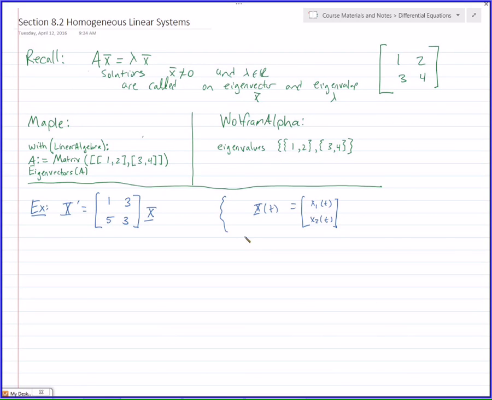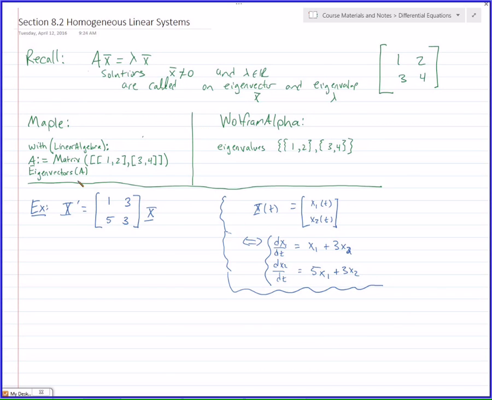So technically this system is equivalent to saying dx1/dt is x1 plus 3x2, and dx2/dt is 5x1 plus 3x2. But now I've just written it in matrix form, okay?